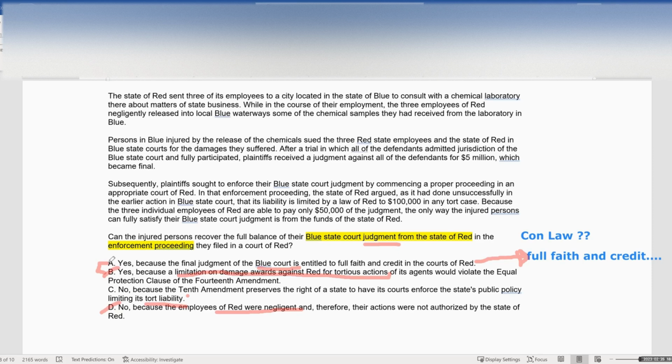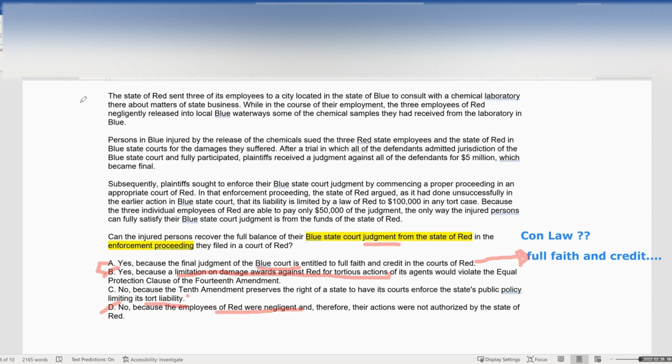And as far as A and C, if you go up to the fact pattern, you can look at what the fact pattern says, keeping answer choice A and C in mind to see which one you would think fits better at this point. I would still be favoring answer choice A.